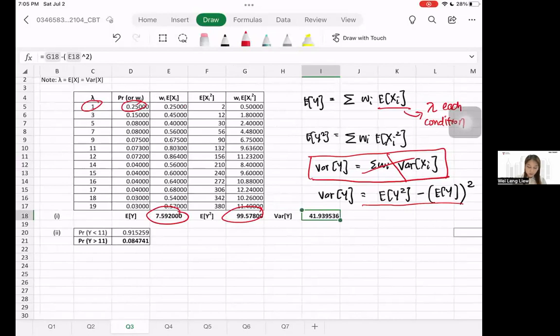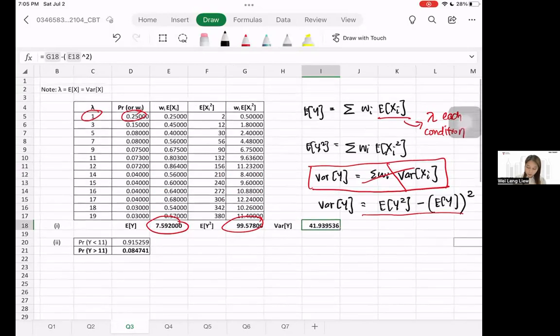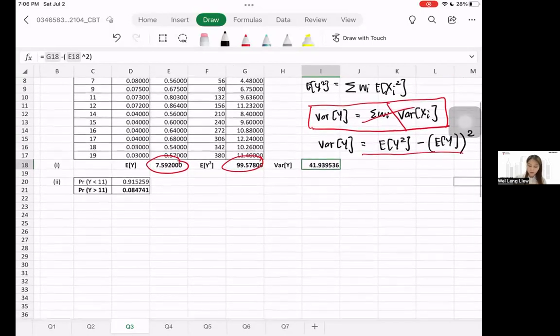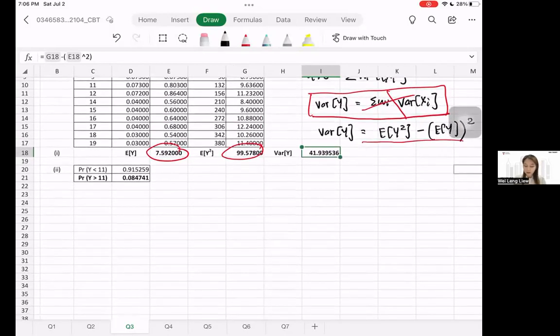Okay, moving on to the second question. The second question requires us to calculate the probability of the claims that are greater than 11. So how should we do this? If it's a handwritten calculation, of course, you have to calculate each probability of Poisson distribution, with the formula e to the power negative lambda, lambda to the power n, over n factorial.